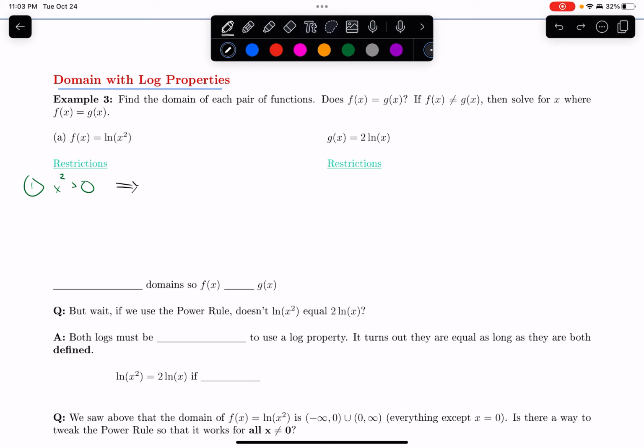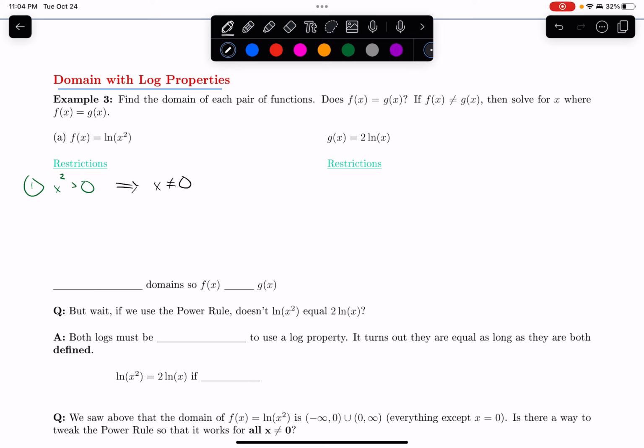And that's if I plug in 0. If I plug in 0, I get 0 is bigger than 0, and that's not true. But otherwise, if I plug in a positive, I get a positive number here. And if I plug in a negative, when I square it, it's still positive, and that's going to be bigger than 0. So the only bad value is if I plug in 0. So I get to just say, x is not 0, if I use a little bit of logic there.